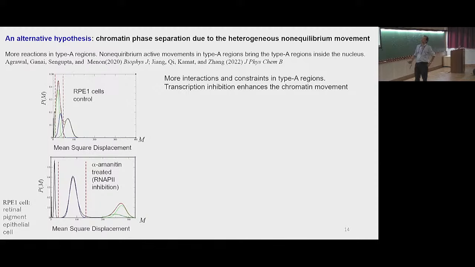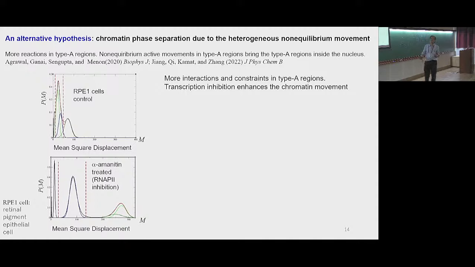This is the wild type, the usual cells, and this is the cells treated with alpha amanitin. Alpha amanitin is a reagent to inhibit RNA polymerase II action. So by inhibiting transcription, movement is enhanced.